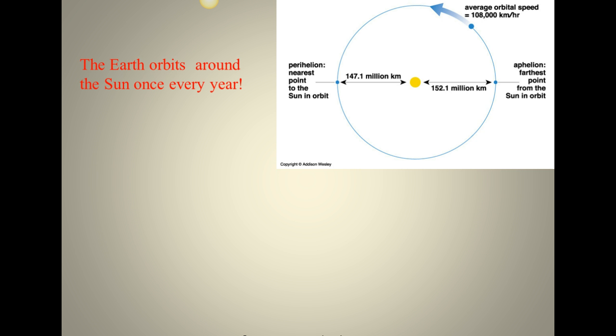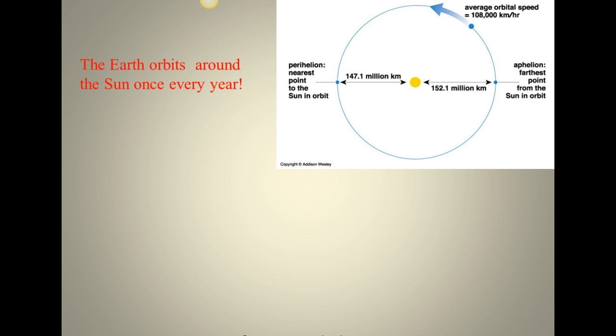Okay, 2 new terms to write in your notes and understand. First, perihelion. Write that term in your notes. You can see the spelling above. Then describe it as the nearest point to the sun the Earth is in its orbit path.